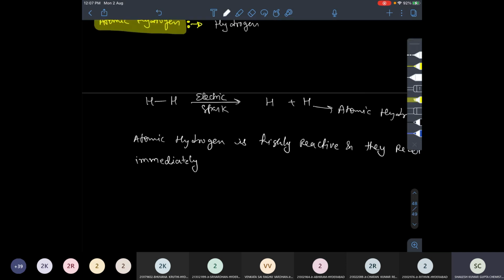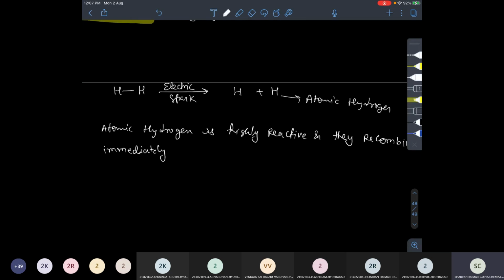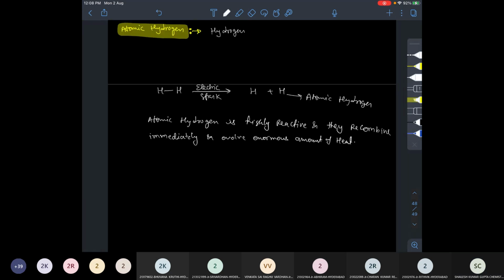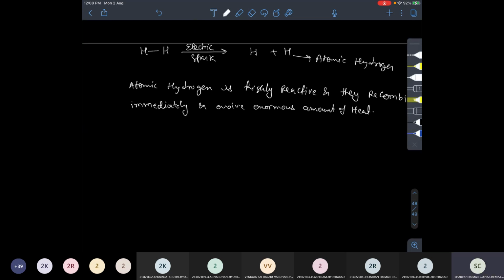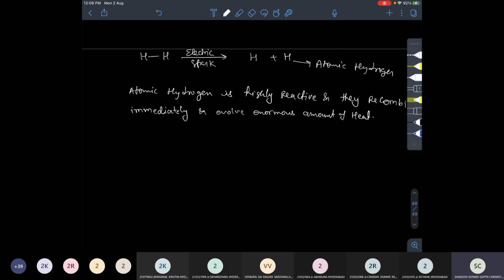All right. So immediately they recombine and evolve enormous amount of heat. Now you can see that that heat could be used as per the practical requirement that we have.